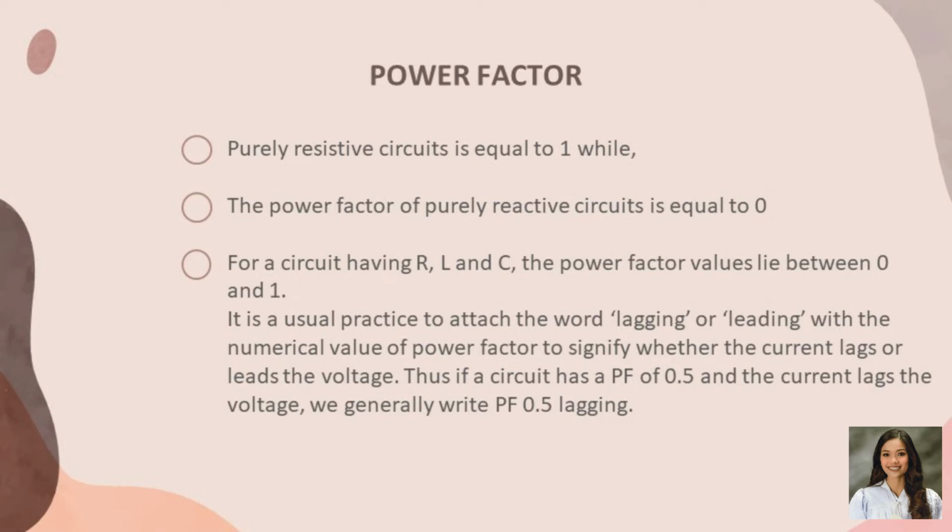It is a useful practice to attach the word lagging or leading with a numerical value of power factor to signify whether the current lags or leads the voltage. Thus, if a circuit has a power factor of 0.5 and the current lags the voltage, we generally write PF 0.5 lagging.